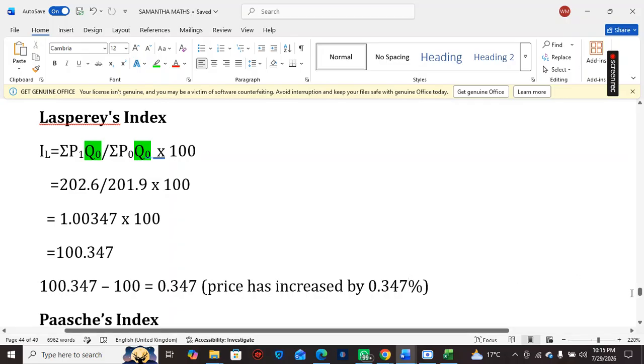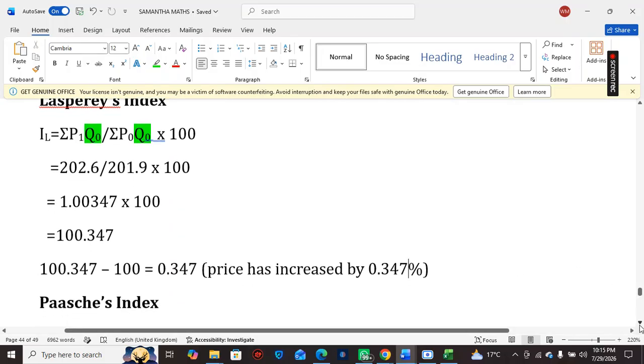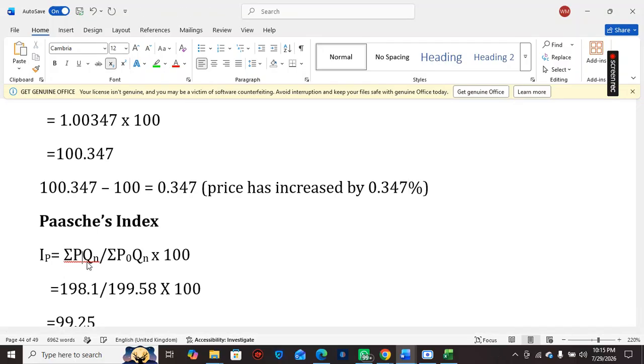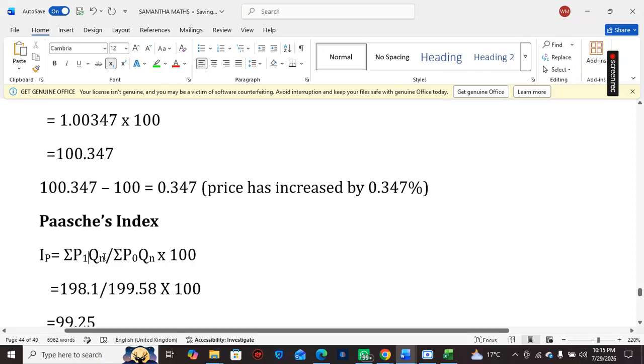Yes. Then for the Paasche price index, remember we're measuring price change with the current year's quantities. Okay, price change with the current year's quantities. So we're using 2022's quantities. Okay, 2022's quantities.